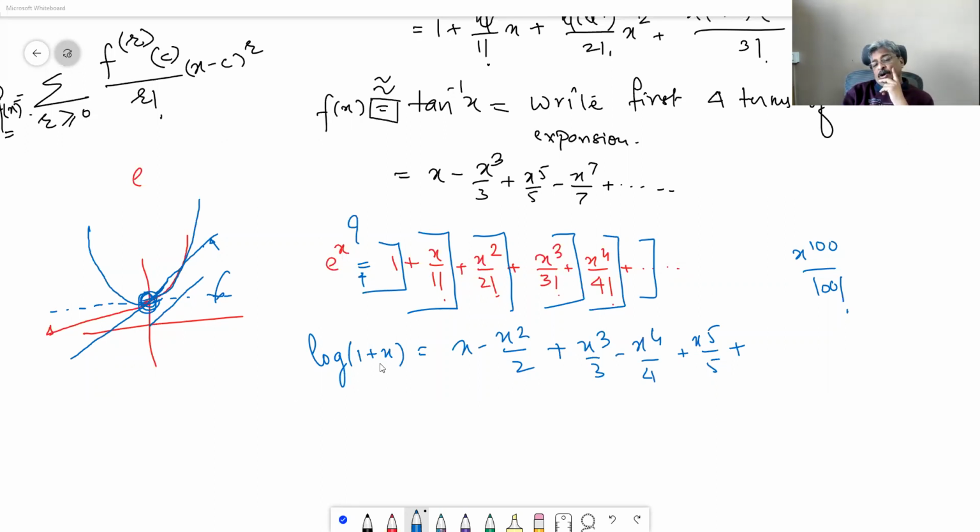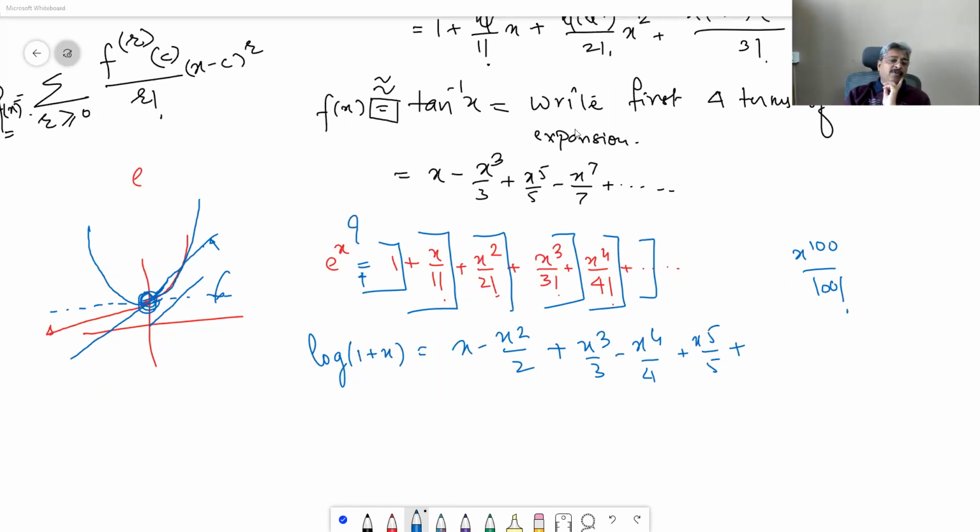But in case of log 1 plus x, suppose we say that 1.1 is also near 0. Because nearness, that way you are not defining. So you can say compared to 5000, 1.1 is very near to 0.